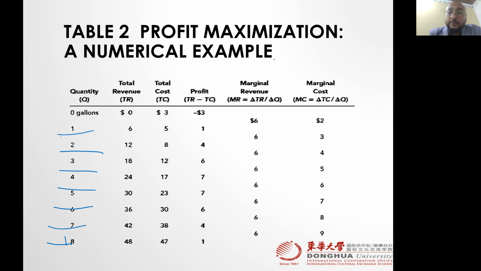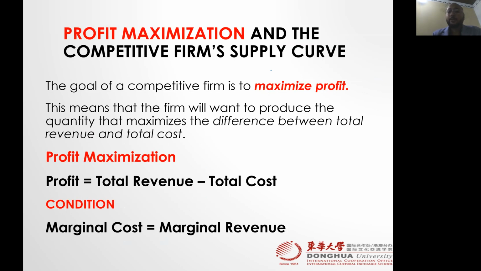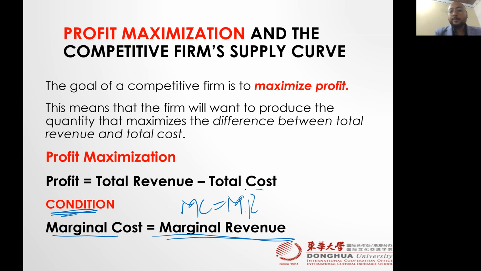So our profit is maximum where MC is equal to MR. What is MC? Marginal cost. What is MR? Marginal revenue. So our profit is maximum where MC is equal to MR.